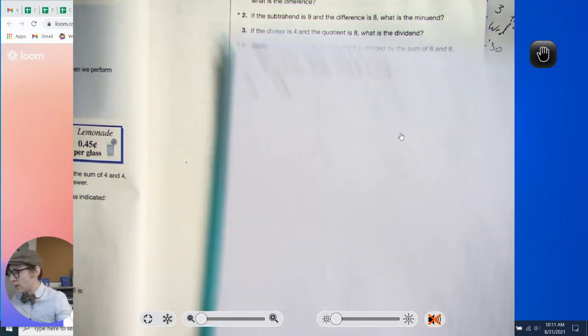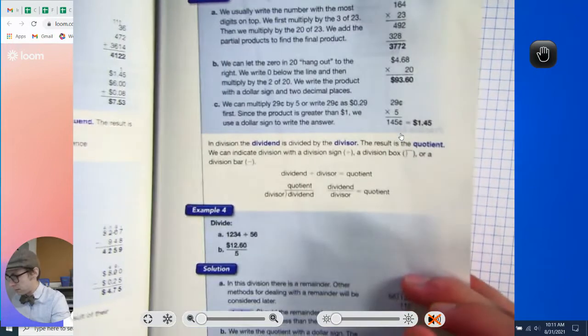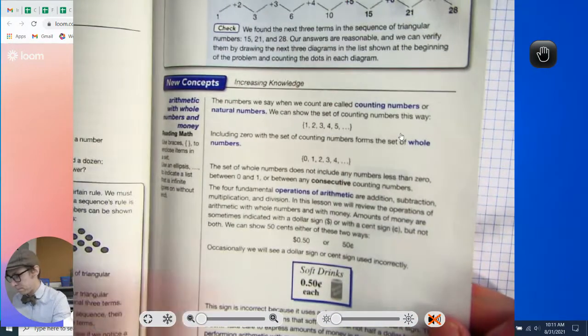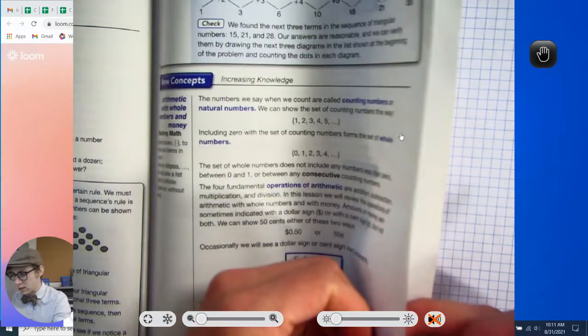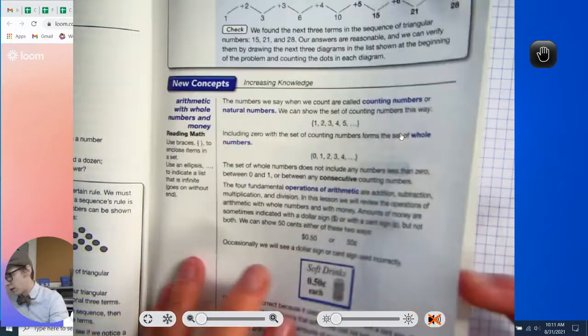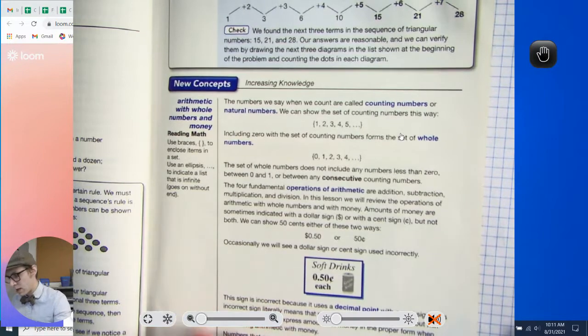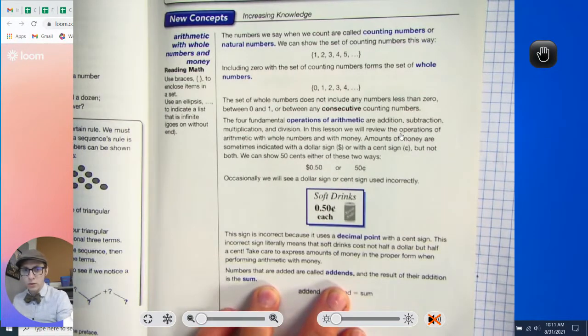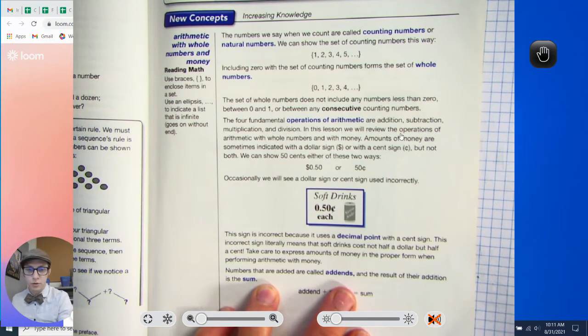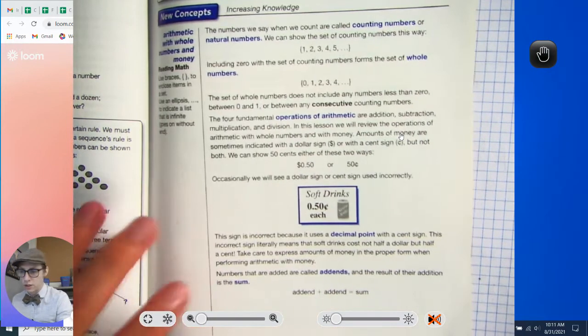Okay, so let's see, they started that over here too, right? That's actually what they start off with in lesson one for the other class as well. Here we go. So we start off here. Numbers that are added are called addends. And the result of the addition is the sum.